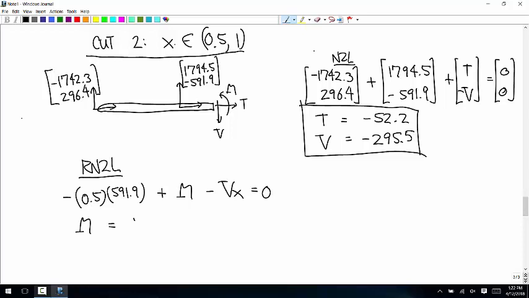So M is equal to Vx plus 295.5, and so M is equal to negative 295.5x plus 295.5.